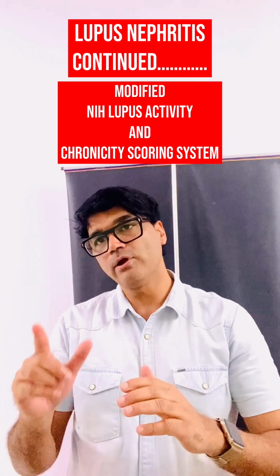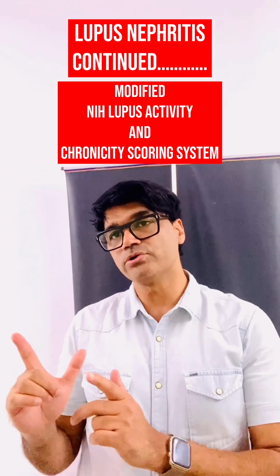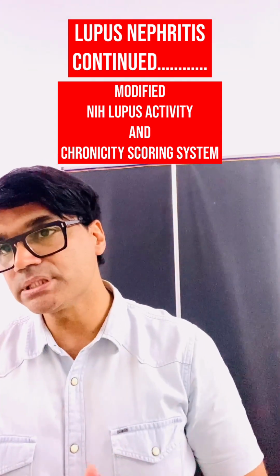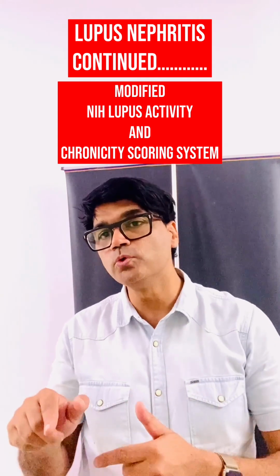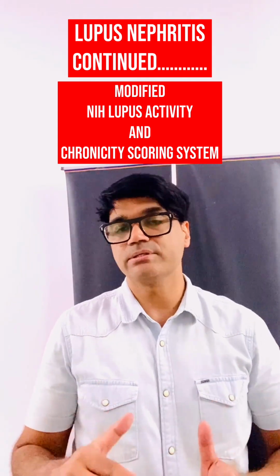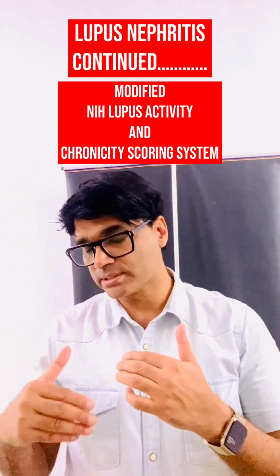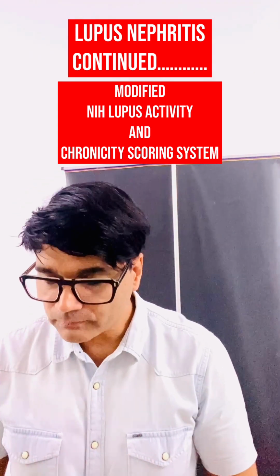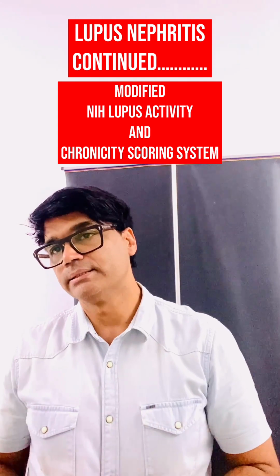Number two, neutrophil karyorrhexis 0 to 3. Hyaline deposits 0 to 3. Fibrinoid necrosis 0 to 3 times 2. Interstitial inflammation 0 to 3. Cellular or fibrocellular crescents 0 to 3 times 2. So this is basically the activity index.